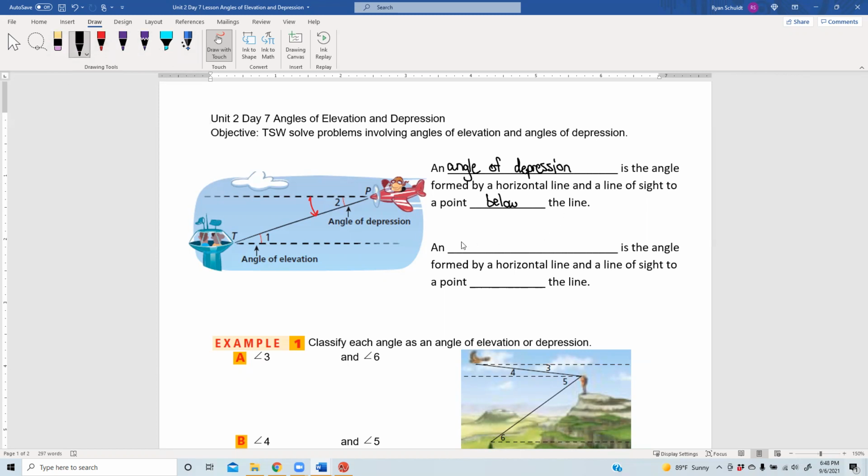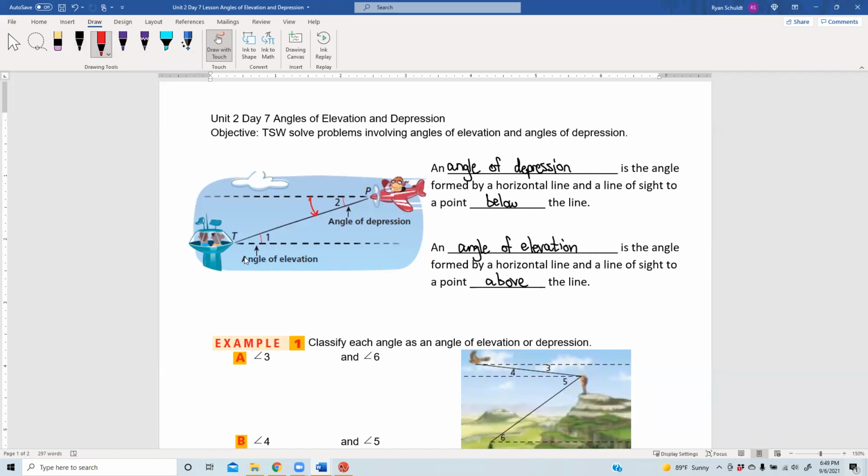An angle of elevation is the angle formed by a horizontal line and a line of sight to a point above the line. Elevated, that's the key here. An elevator takes you, in most cases, up.